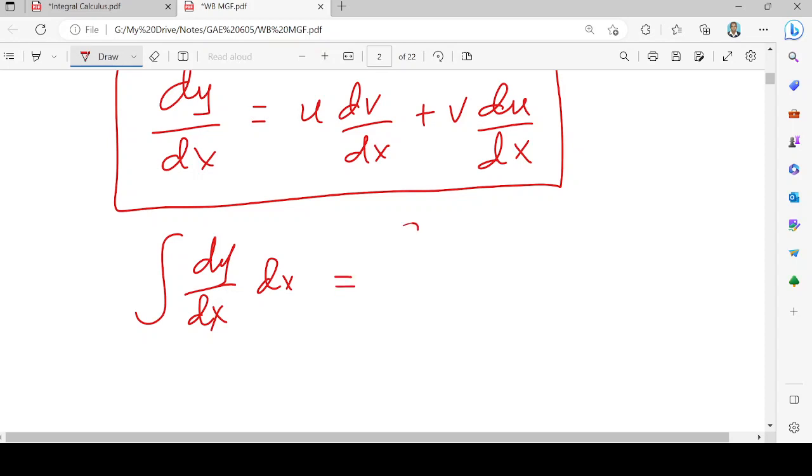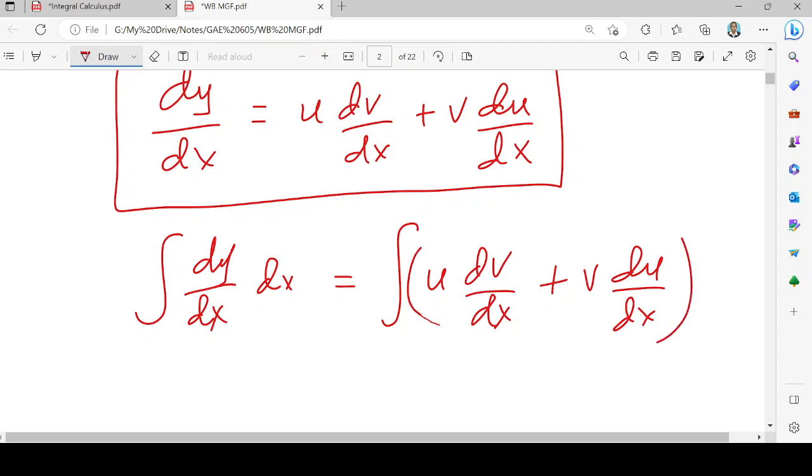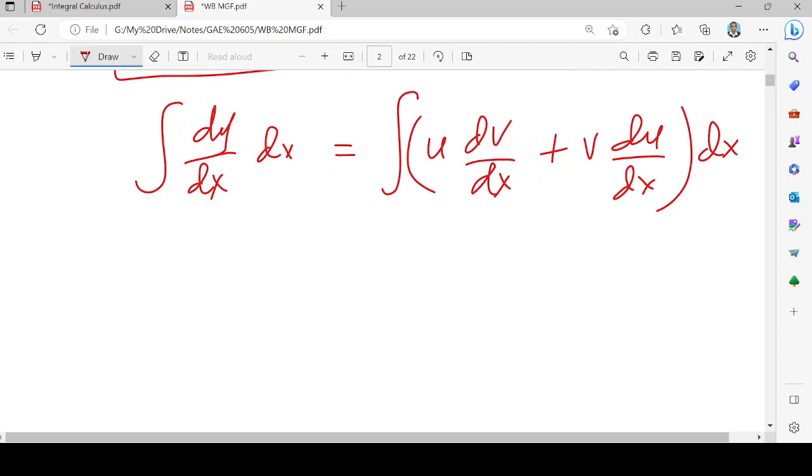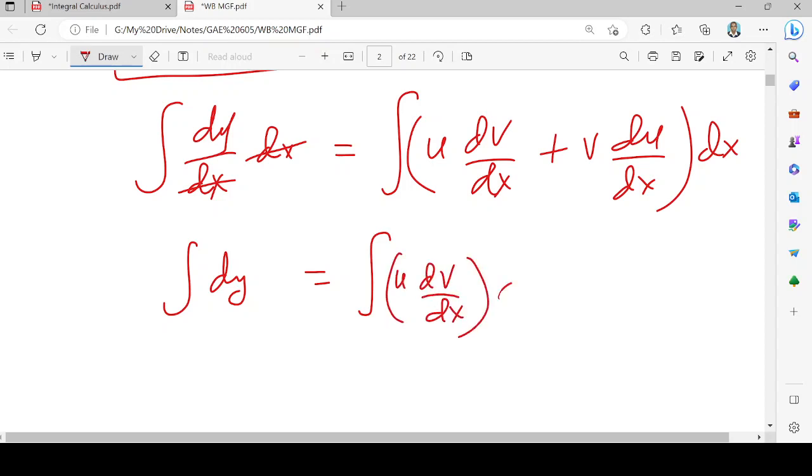On the right-hand side we have the integral of u dv by dx plus v du by dx, and we integrate this with respect to x. You notice that on the left-hand side, dx here cancels out, and we are left with the integral of dy, which is the same as the integral of u dv by dx, which we integrate with respect to x, plus the integral of v du by dx.